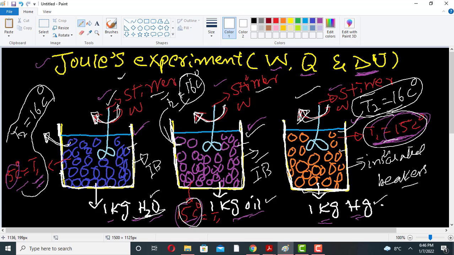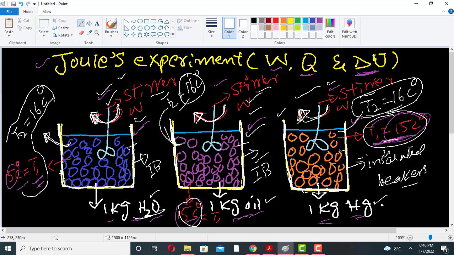The temperature of the various systems increased because of the work which we supplied to them. This is because when we apply some work to the system, this work will convert to the heat of the system.